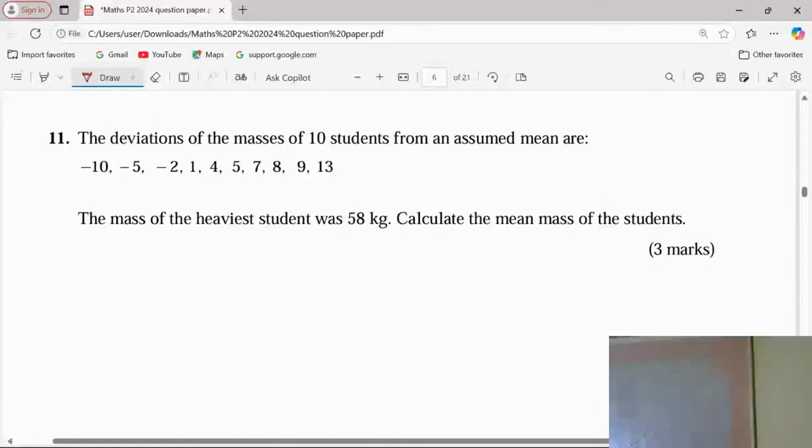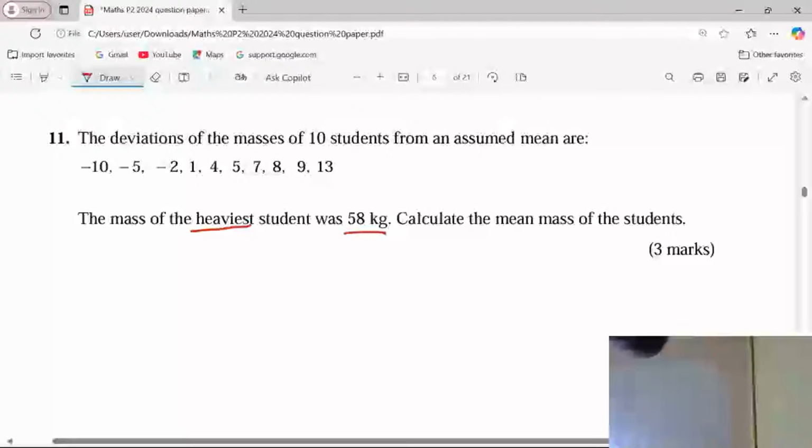Now, the mass of the heaviest student is 58 kg. Calculate the mean mass of the students.